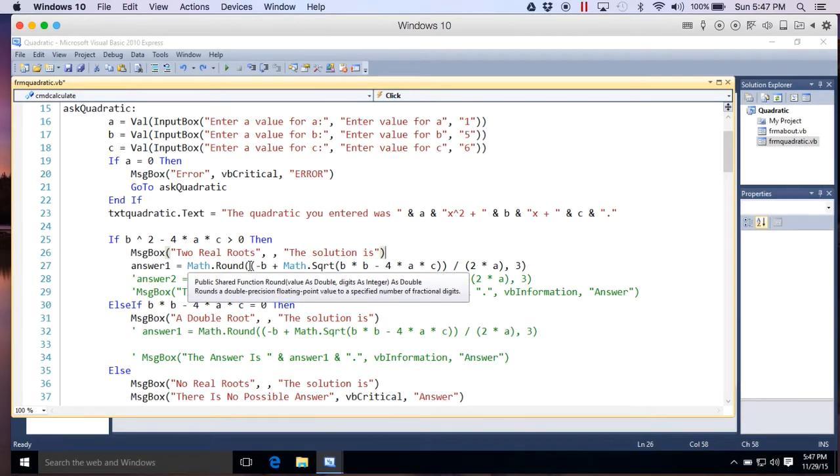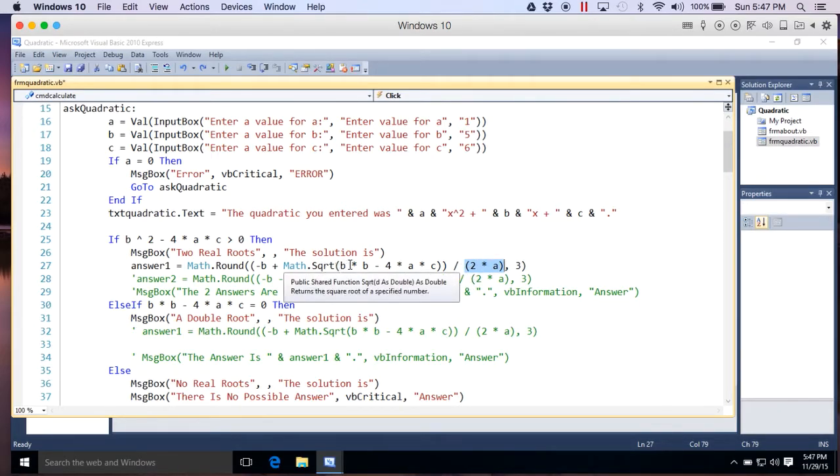Pay particular attention to all these parentheses. They're important. Negative b plus Math.Sqrt of b squared minus 4ac is all in its own set of parentheses, but negative b plus that is in its own set of parentheses. That's why I have this parenthesis here, because all of that goes in the numerator, divided by 2a, 2 times a, which goes in the bottom, the denominator.